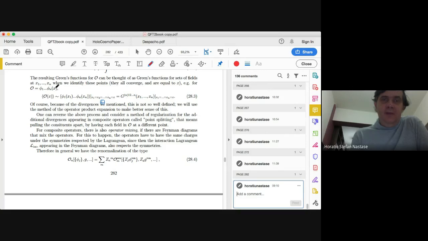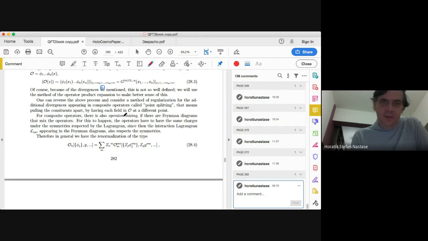But now the regularization, called point splitting, is literally to split the point x into n points, x1 to xn. That is to reverse this. So instead of phi's all at x, I would write phi of x1 until phi of xn, right? And then we'll say that these x1 to xn are each very close to x, but yet different, and different between each other.